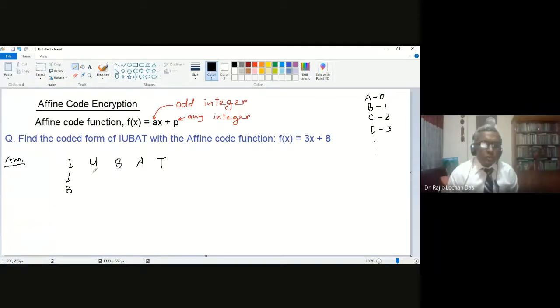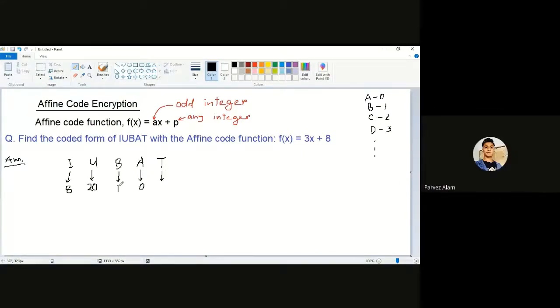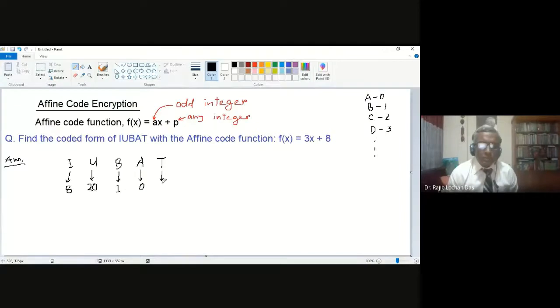So U will be 20. B is 1. A is 0. What will be T? 19, sir. So this is the first step, just writing the numbers from the alphabet, and then you will do the calculation for f(x).